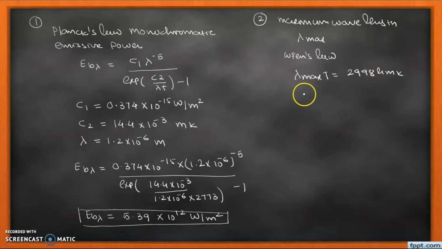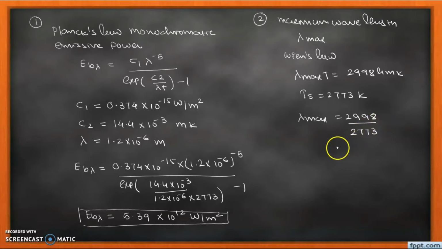Here the temperature of the surface is known to us, that is 2773 Kelvin. So we can calculate lambda max, which is equal to 2998 divided by 2773, and we get the answer 5.37 micrometer, or we can write 5.37 into 10 to the power minus 6 meter. So this is our finding number 2.